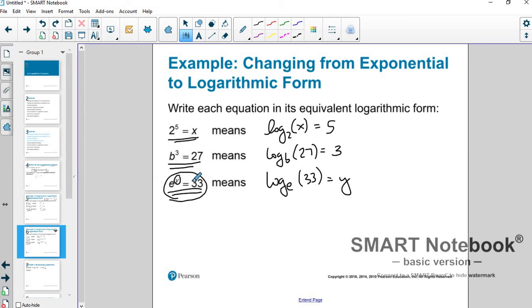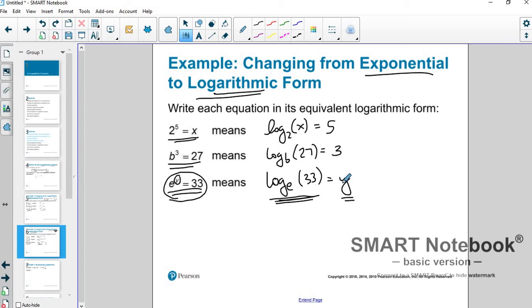I don't know how to find what y is. But if I rewrite it, I have log base e of 33, and I can plug that in my calculator. You guys maybe don't know how to do that yet, but we'll show you, and then that tells me what y is, right?